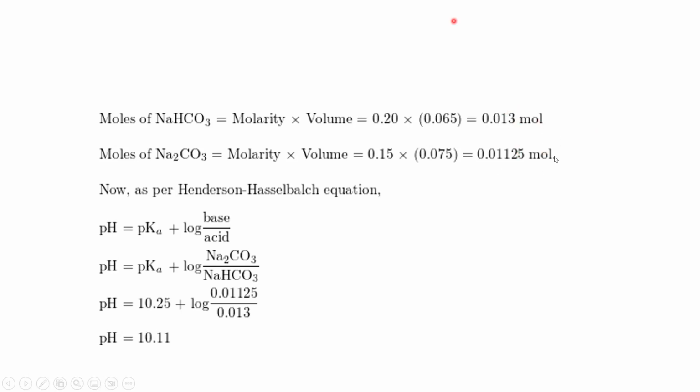So we can actually just take these moles and plug them into the equation itself. But we still have the Ka, so we can still get that pKa, and it's going to be the same because it's still the bicarbonate that we're looking at for the acid.